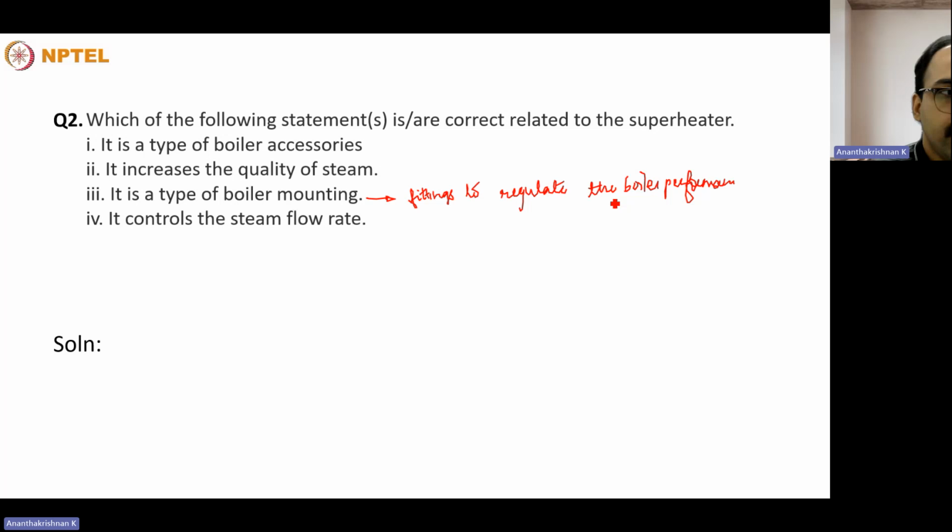However, boiler accessories are the fittings that are used to improve the efficiency of the boiler.